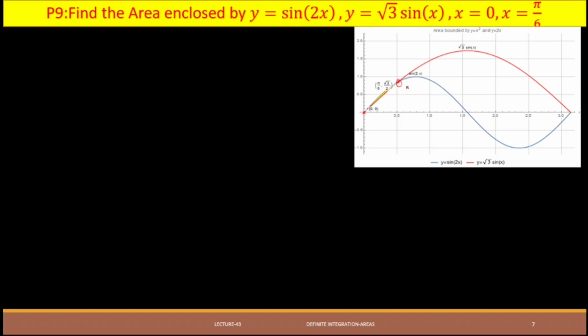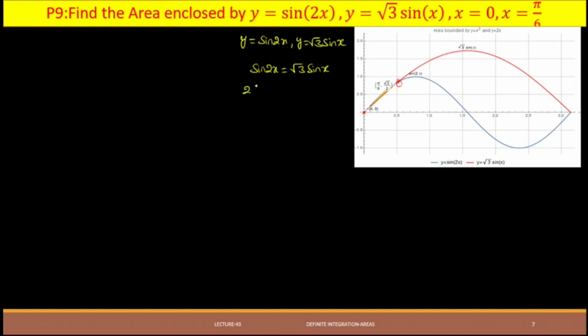What is the point of intersection? Let us find out. So y is equal to sine 2x and y is equal to root 3 into sine x are the two curves that are being given. Let us find out the point of intersection. So sine 2x is equal to root 3 into sine x.